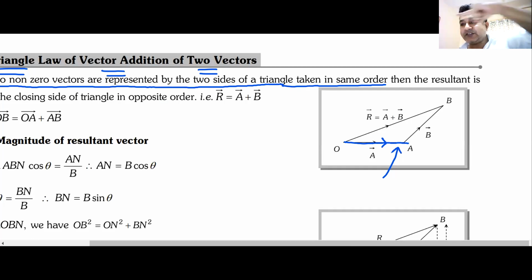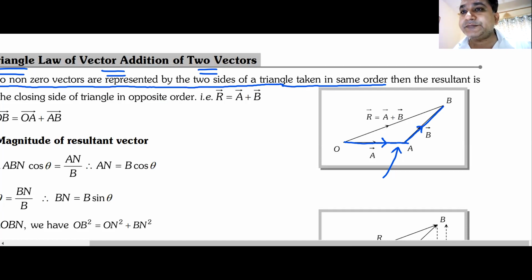It is taken in this order, OA is going towards right. Then look at the second side of the triangle, which is given by the vector B. This is AB. So these are the two sides of the triangle that I've drawn with the blue pen.